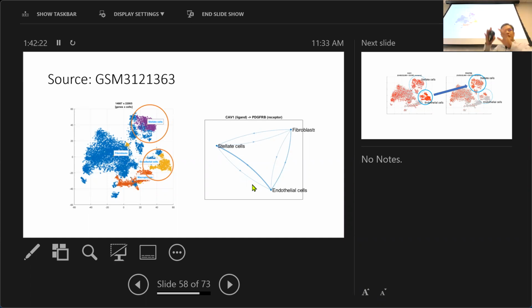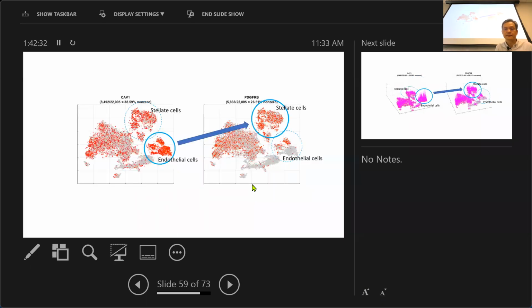So if you have more than two cell types, you can create this kind of map. Okay, you put a score in there. Then I come back to look at the expression of these two genes by using these heat map profiles and the expression level in endothelial cell for this ligand gene. Okay, you know how to look at this.